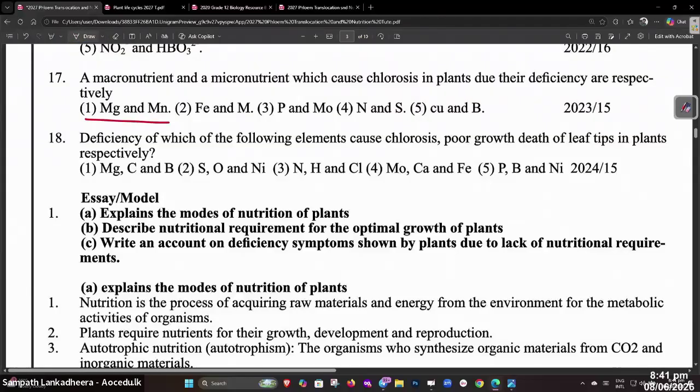Question number 18. Deficiency of which of the following elements causes chlorosis, poor growth, and the death of leaf tips in the plant respectively? Poor growth has to be either carbon, oxygen, or hydrogen. Chlorosis, magnesium is okay, and sulfur is also okay.